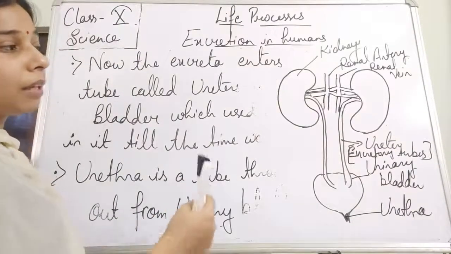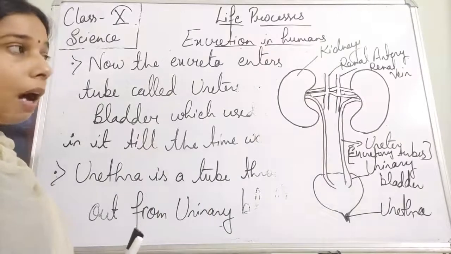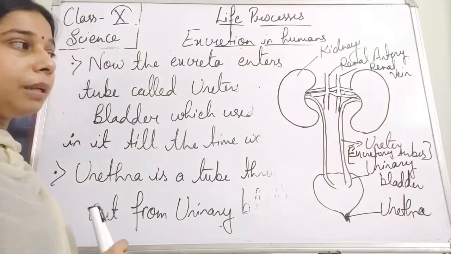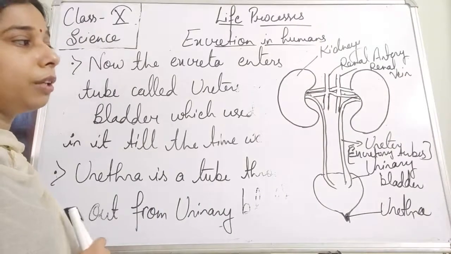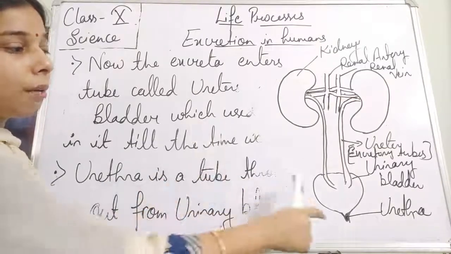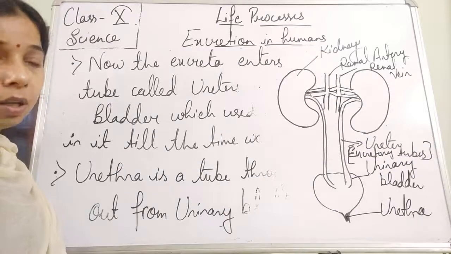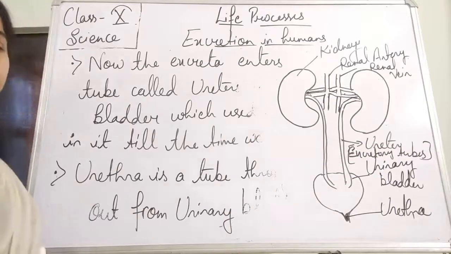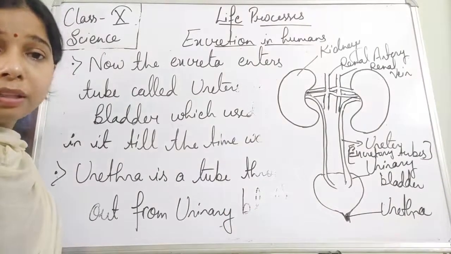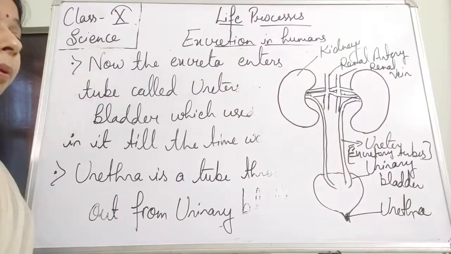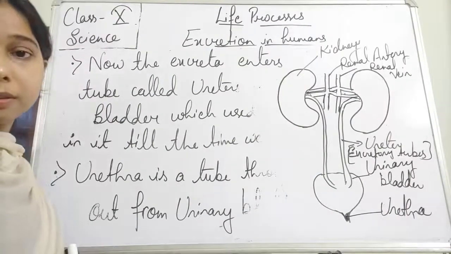So this ureter carries the urine, and simply it is the mediator to carry the urine from the kidney to the bag-like structure that we call the urinary bladder. Role of the urinary bladder, students, is that it helps in storing the urine.